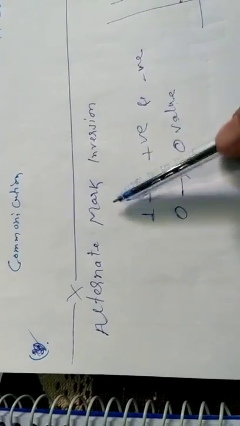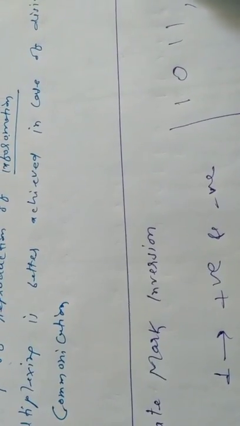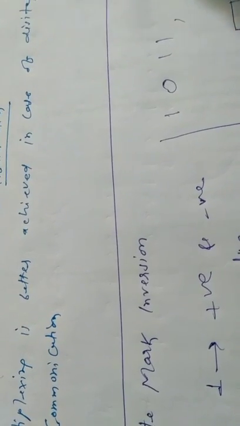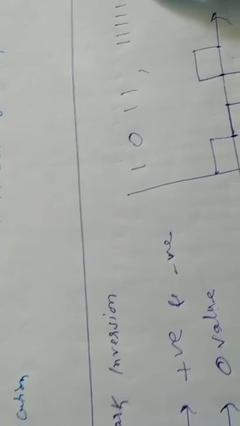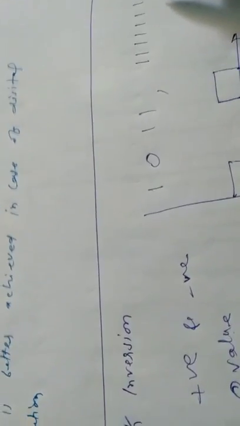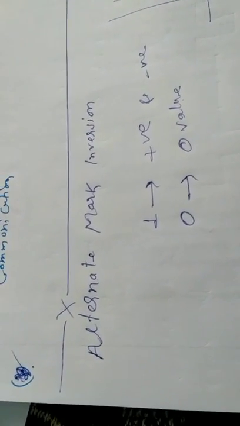This AMI scheme is suitable when we have successive ones. It will avoid a typical situation with successive ones, because that problem can be solved with the use of change in alternative polarity. But a similar kind of problem can persist when we have multiple zeros.